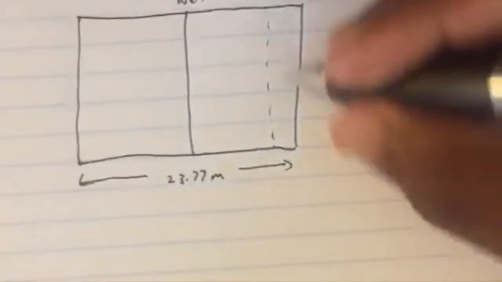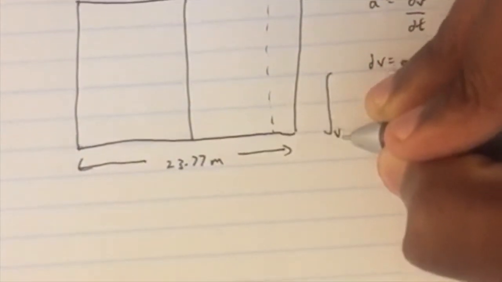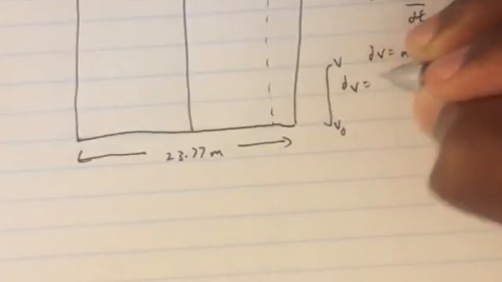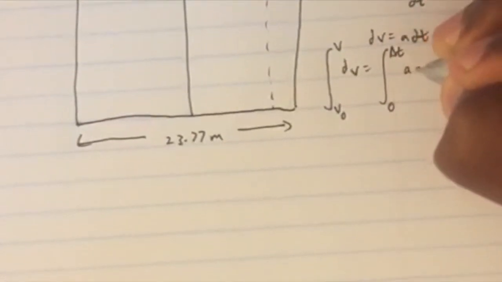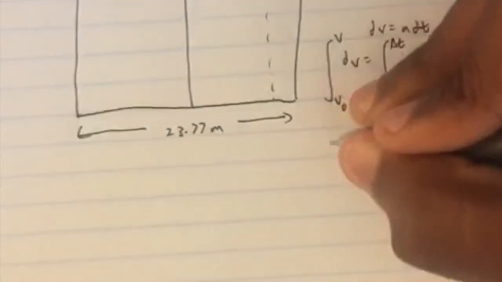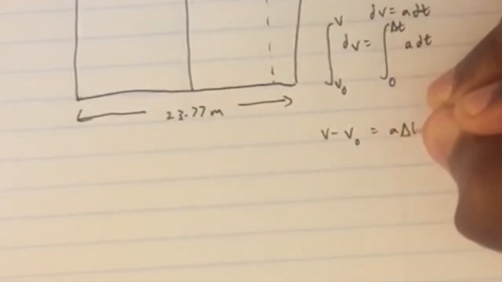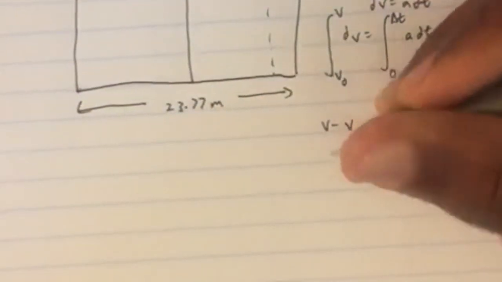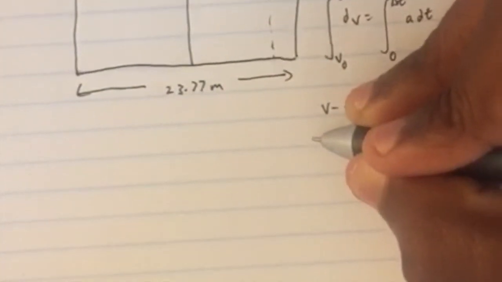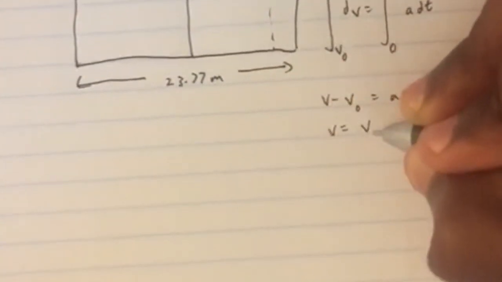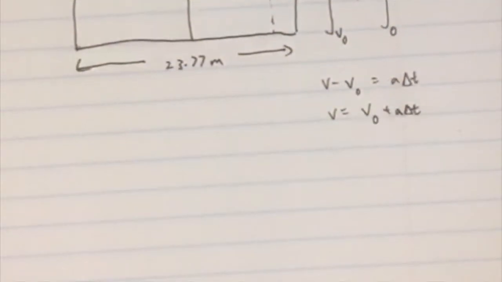Now we take the integral on both sides, so we have the integral from v0 to v of dv is equal to the integral from 0 to delta t of a dt, which is equivalent to v minus v0 is equal to a times delta t. And we add v0 on both sides to get the velocity equation. Therefore, v is equal to v0 plus a times delta t. And that's the velocity equation.